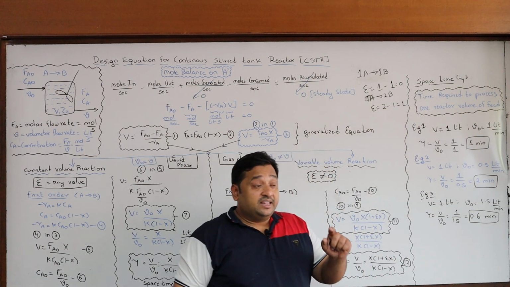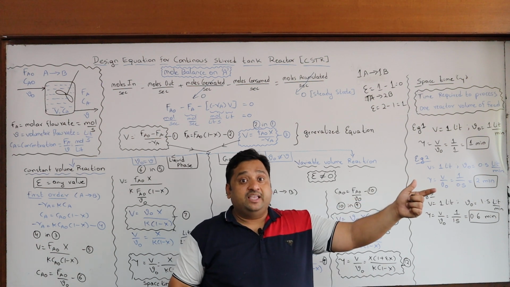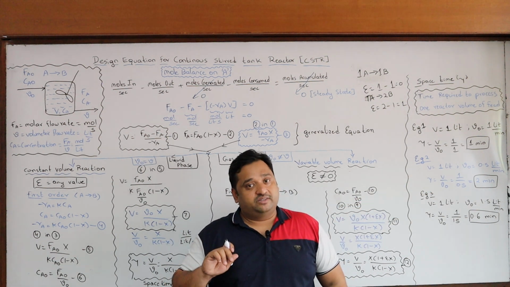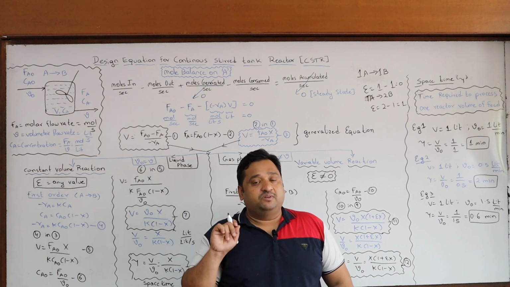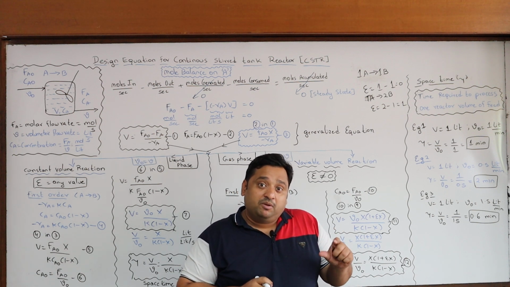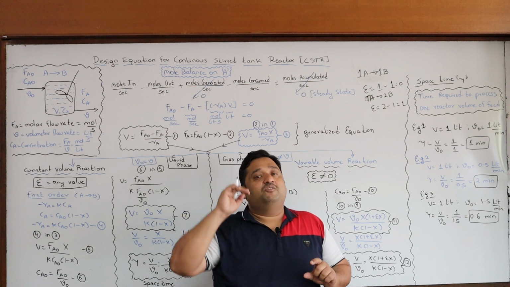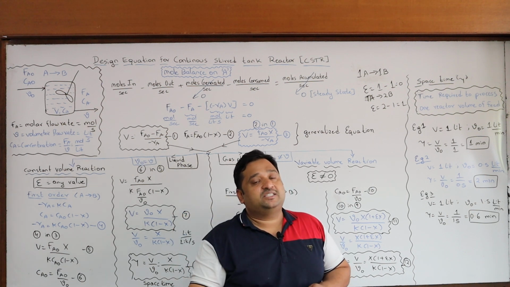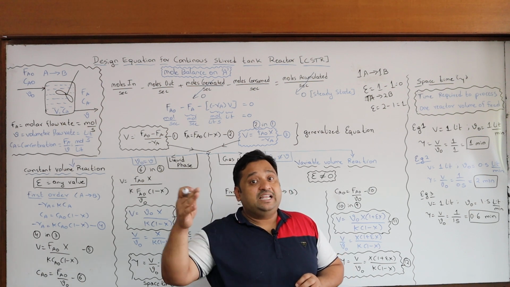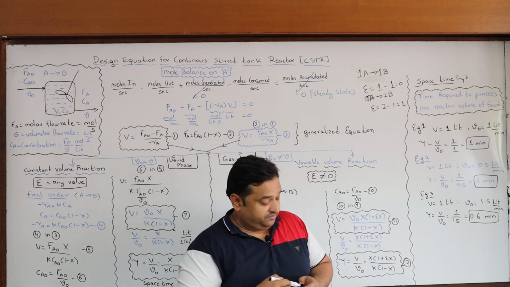Positive means the exit volumetric flow rate will be higher than the inlet volumetric flow rate. Epsilon negative means our exit volumetric flow rate will be less than the inlet volumetric flow rate. That epsilon decides whether volumetric flow rate will increase or decrease or remain the same.